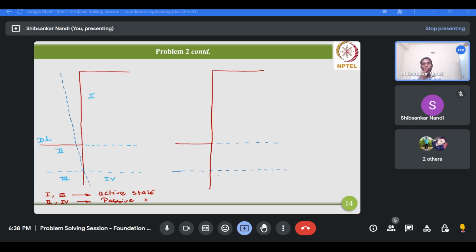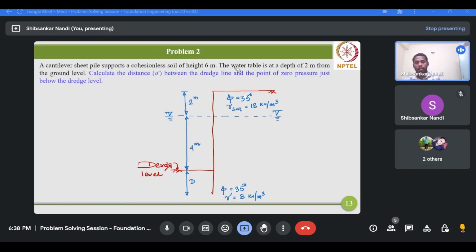Since region 1, above the dredge level, is under a completely active state, the distribution will basically start from something like this. So we'll proceed one by one.